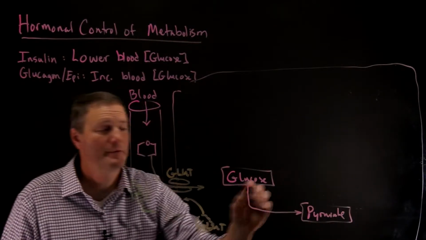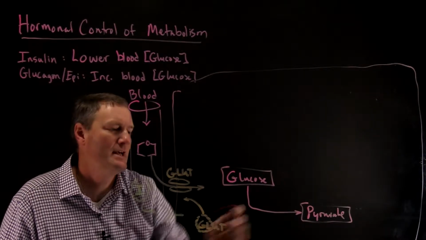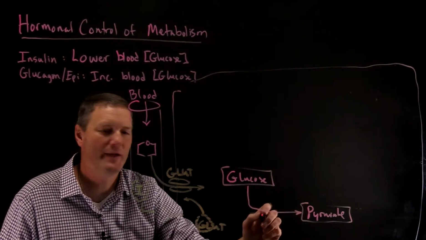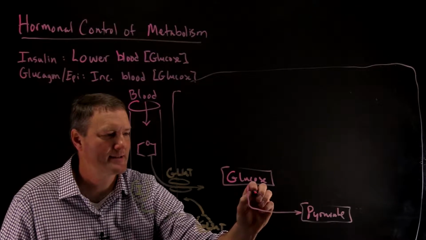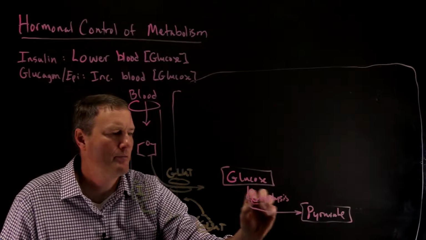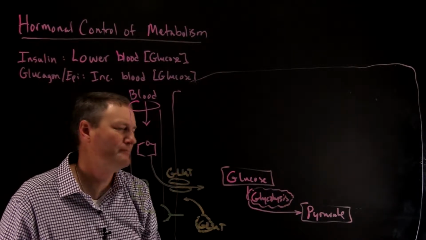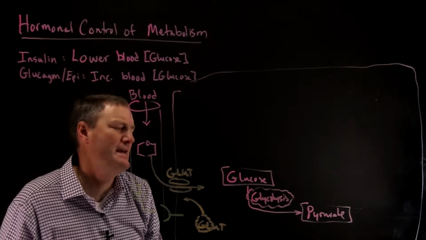And the very first step, as we talked about, is the phosphorylation of glucose. That's going to trap it in the cell. So this pathway, glucose to pyruvate, let's just indicate that that's called glycolysis. And I'll put a cloud box around that. There's 10 steps that we've talked about prior to this video. Definitely need to know those.